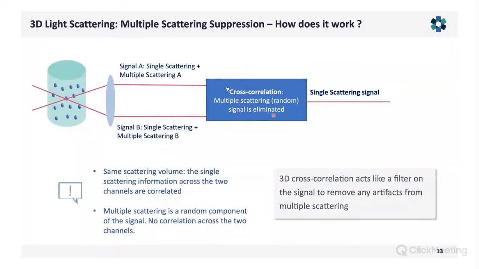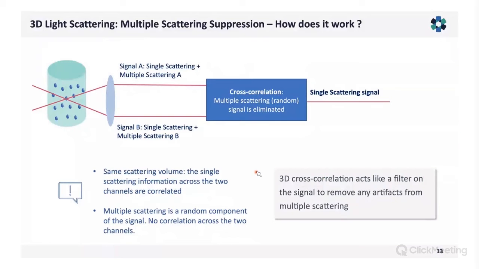If you do the cross-correlation, then all the multiple scattering signal is filtered out or eliminated, and it only contributes to the background. So in the end, you only measure the single scattering correlation function or signal. This is the important principle of 3D cross-correlation light scattering, where multiple scattering is only a random component in the signal that is detected by the instrument.